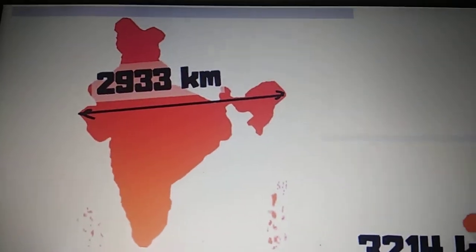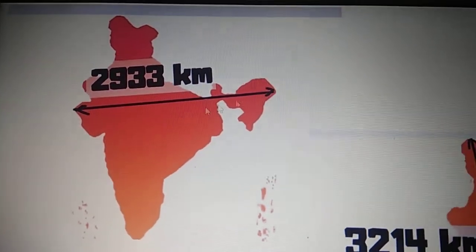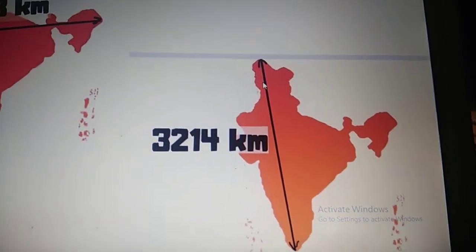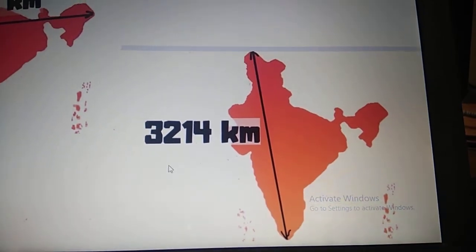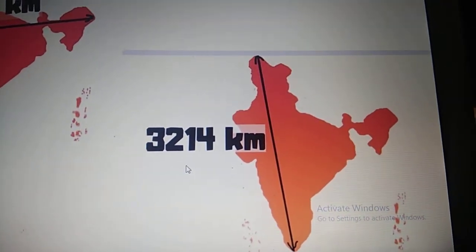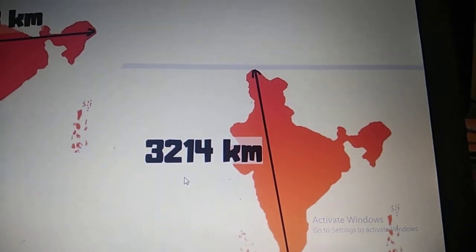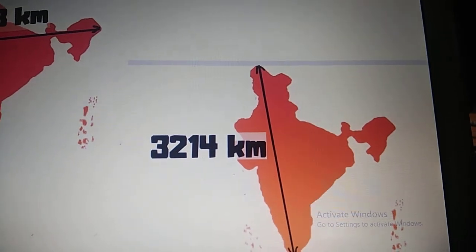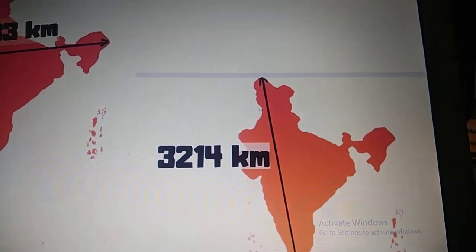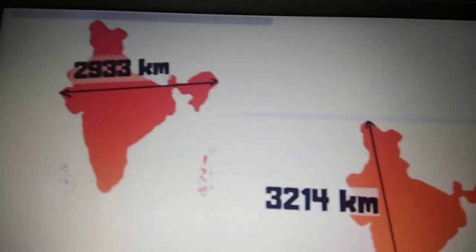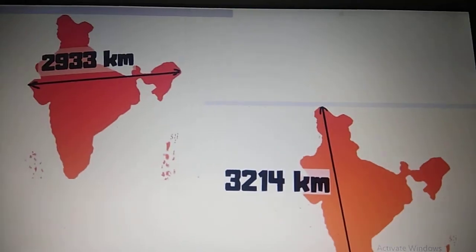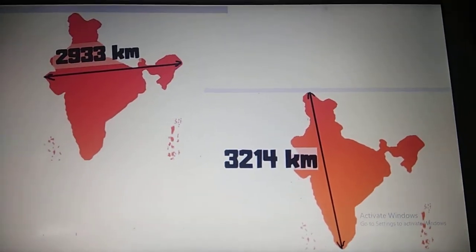The distance from east to west is 2933 kilometers, and from north to south it is 3214 kilometers. So you can see the latitudinal and longitudinal extent of the mainland. Although the east-west extent appears to be smaller than the north-south, it is almost similar. So it is like a square.